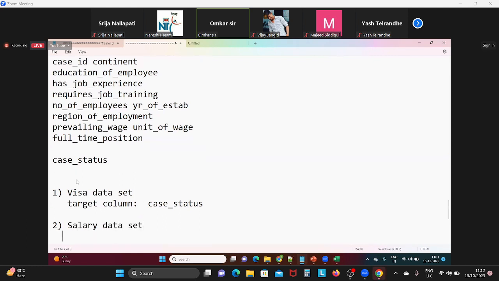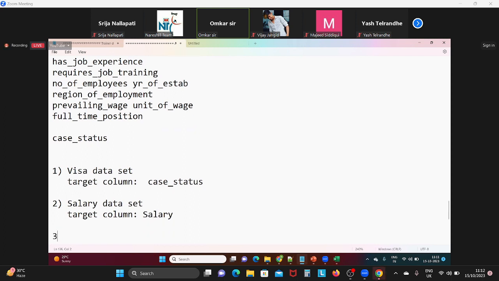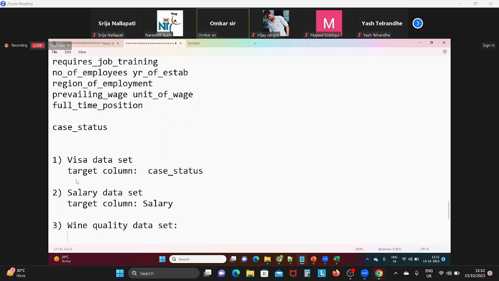What is the target column? That is equal to salary. The third one is the wine quality data set. What is the target column here? The target column is quality.